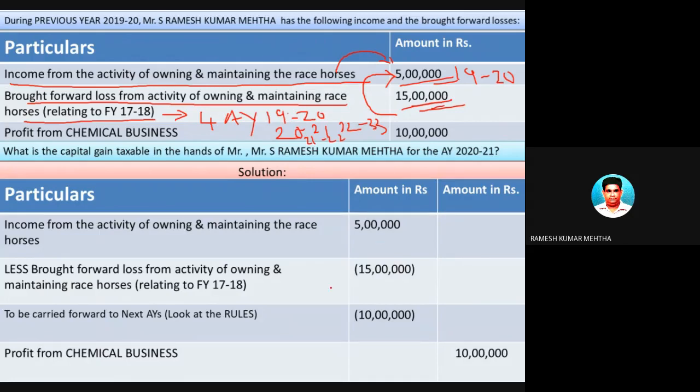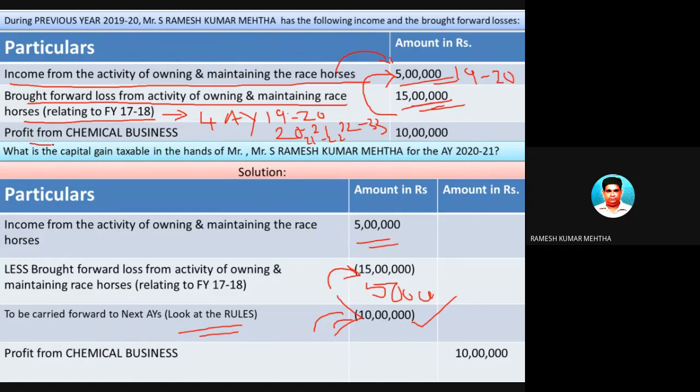So out of this 15 lakh rupees, 5 lakh rupees can be set off against the income from the activity of owning and maintaining of horses. So we will subtract only 5 lakh rupees, and the remaining 10 lakh rupees will be carried forward, and we have to look at the rules for how many years it is going to be set off. So this is number 2.